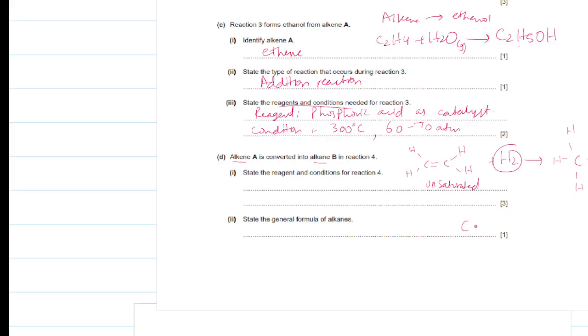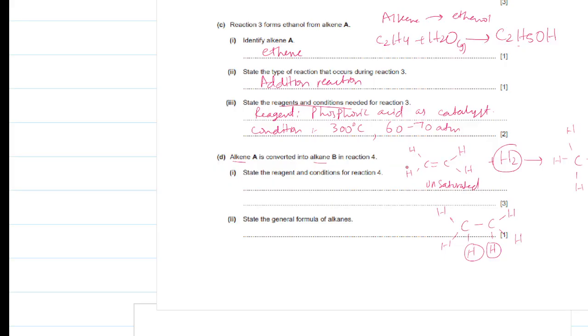Like in this way, you can see here, the double bond is broken, and the two further hydrogens will be added. These two further hydrogens that are added come from the hydrogen H2 molecule. Okay, and it will be forming the alkane.